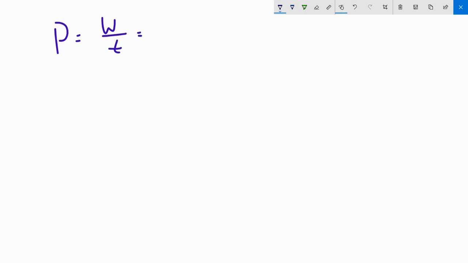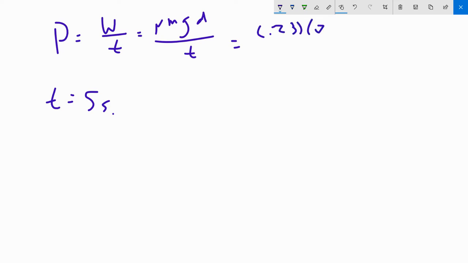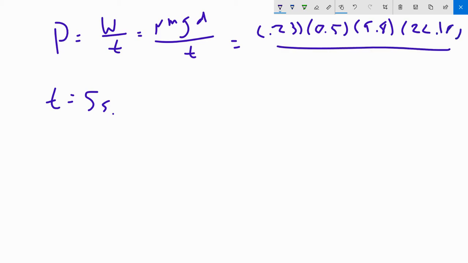So remember, our work in this case was that mu mg d divided by time. So if I wanted the power, let's say this took 5 seconds to occur. I already know everything else because we just solved for d. So mu is 0.23, m is 0.5, g is 9.8, d is 22.18. And divide that by 5 seconds.